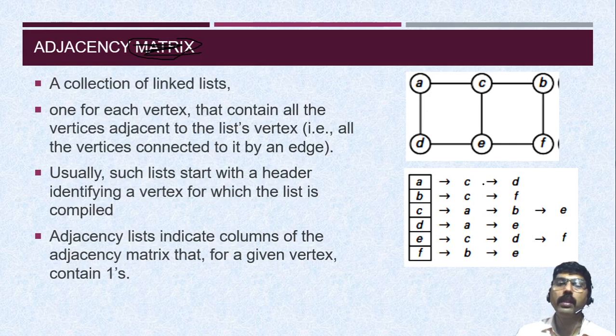For example, in this linked list, C and D are adjacent nodes of A. In a similar fashion, A, B, E are adjacent to C. See here, from C, A is adjacent, B is adjacent, E is adjacent.